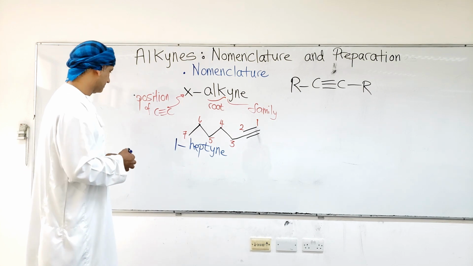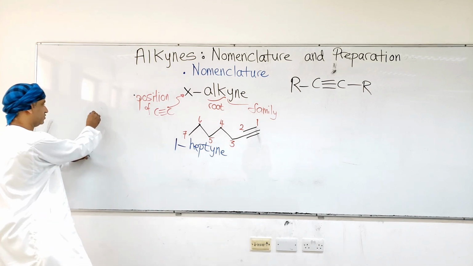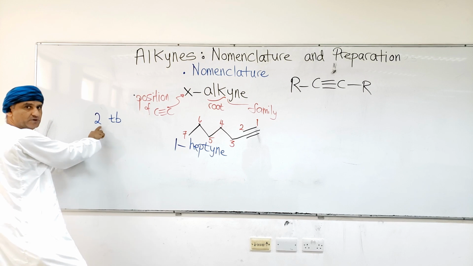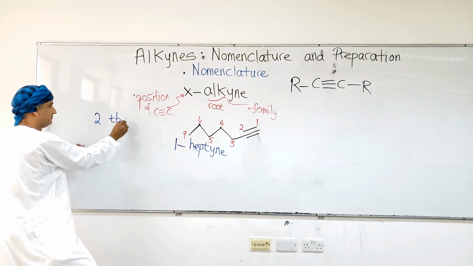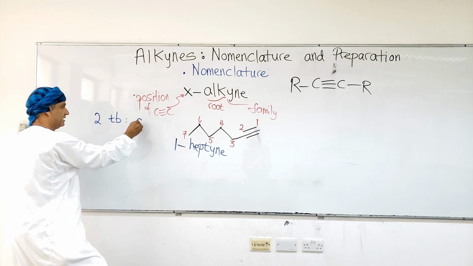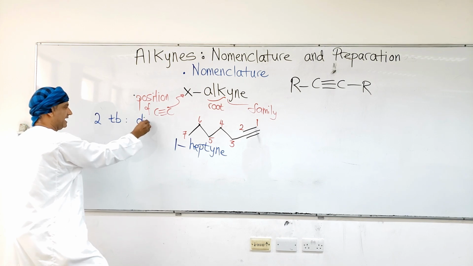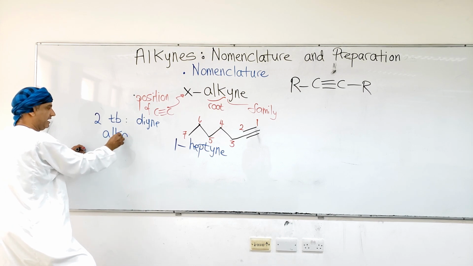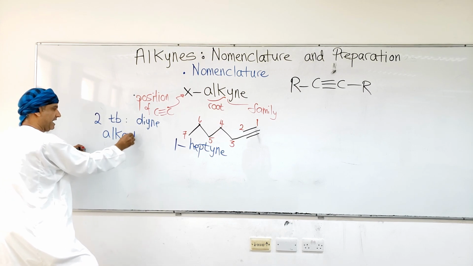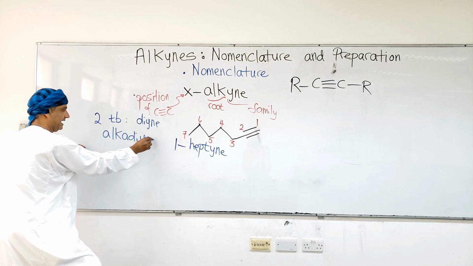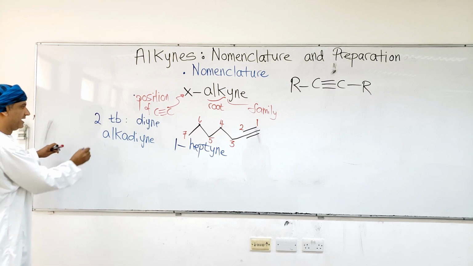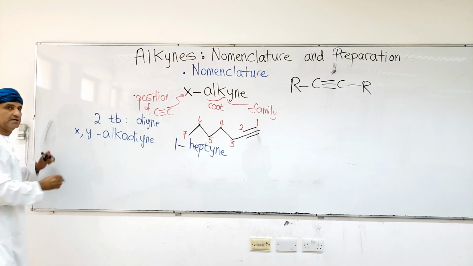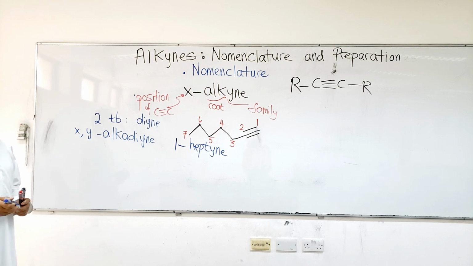So if there are 2 triple bonds, then the general name will be alk-a-diyne, and of course this should be preceded by the positions of the 2 carbon-carbon triple bonds.